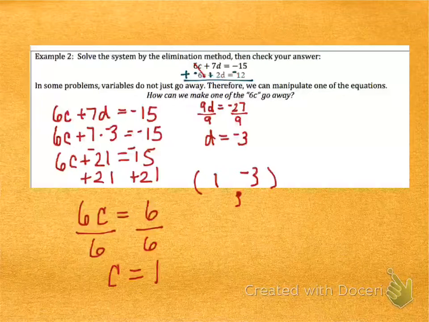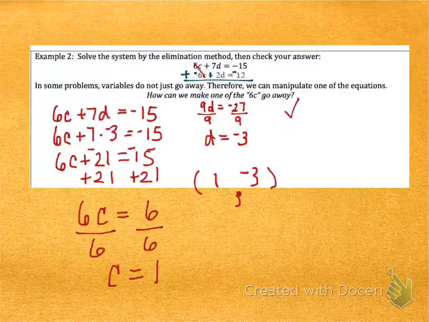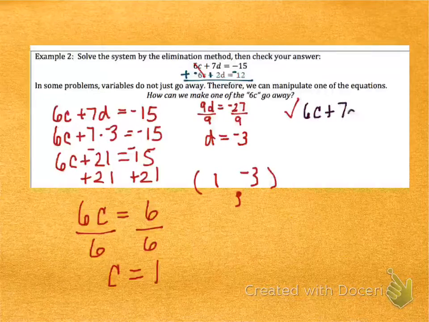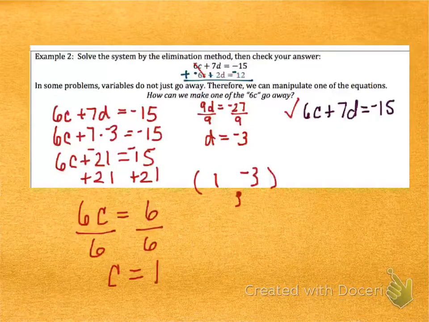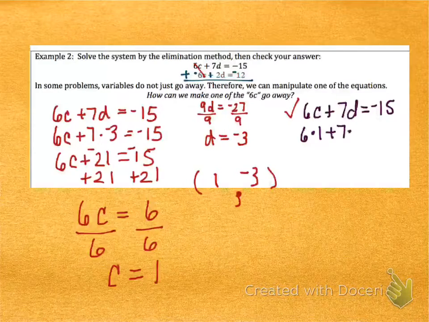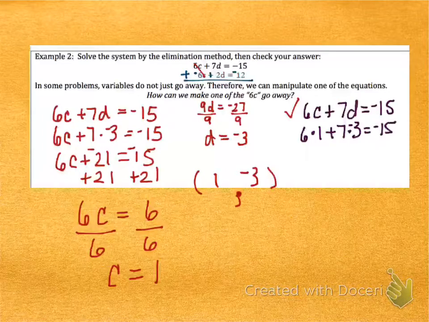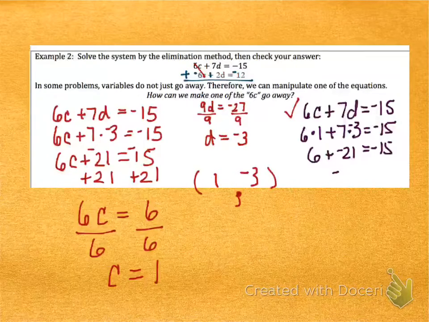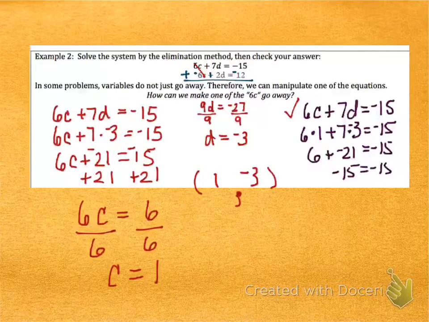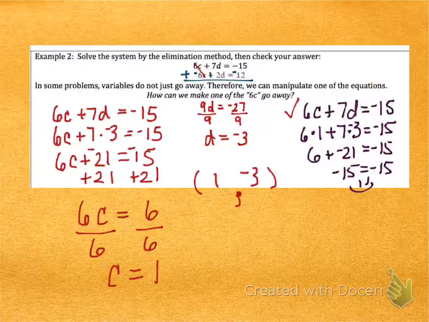So I am going to just take that first equation. So this is my check. And I'm going to say 6C plus 7D equals negative 15. And plugging in my two variables that I'm hoping is my solution, that does work in the first equation.